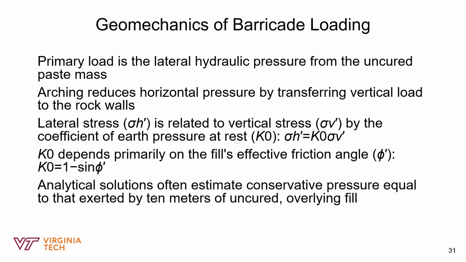The formula below that, K naught equals 1 minus sin phi prime, shows us that this ratio depends entirely on the friction angle phi prime. Rougher materials have high friction, and so the rougher the material, the lower the K naught and the safer the barricade.